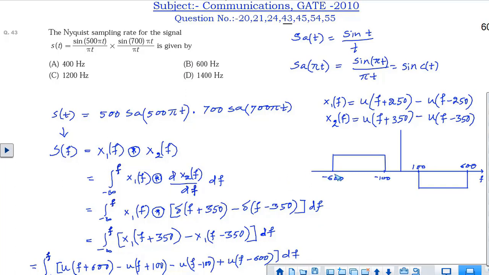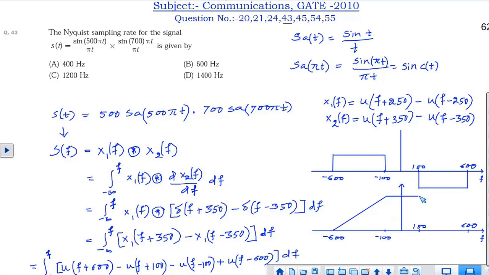From minus infinity to minus 600 there is no signal, so the integration will simply happen from minus 600. If the integration happens from minus 600 up to this point, the total area under the curve will appear. The area under the curve will be simply 500 into 1, gradually increasing up to minus 100 Hz. Then as the signal is 0 between minus 100 and 100, the same area will be maintained till 100.